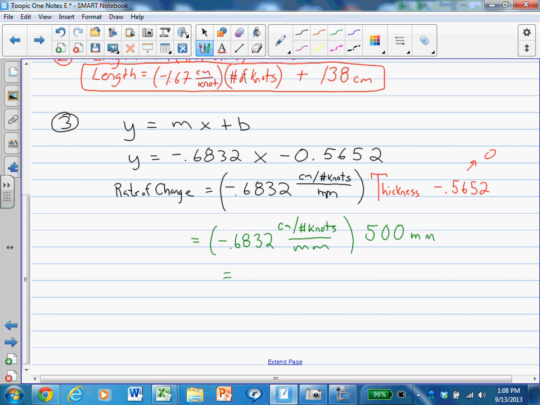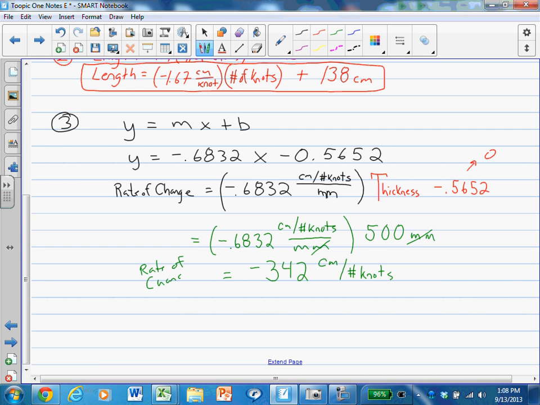So minus 0.6832 times 500 is minus 340, about 342. The millimeters cancel. Centimeters per number of knots is our rate of change.